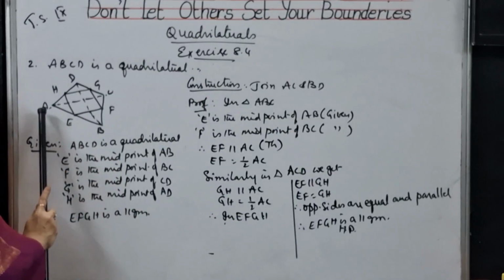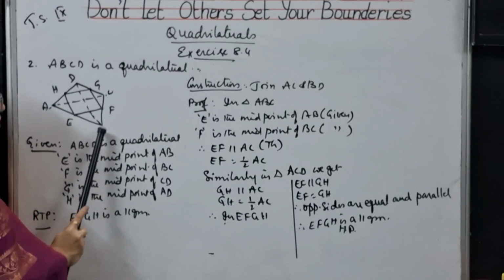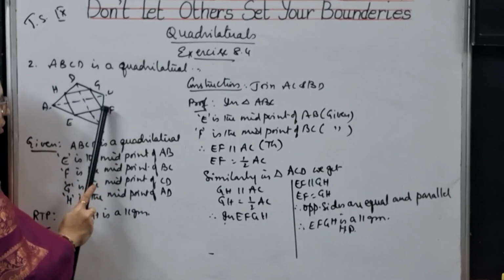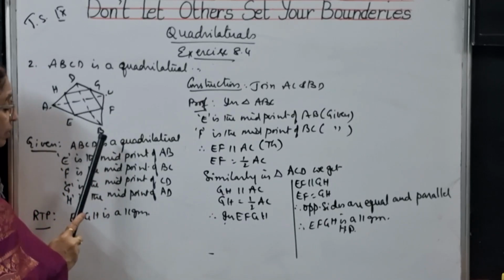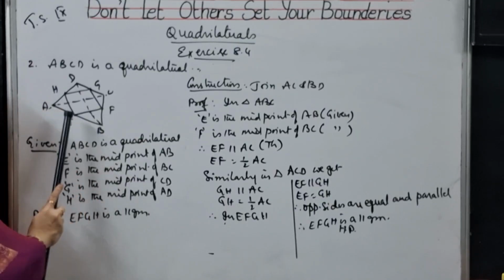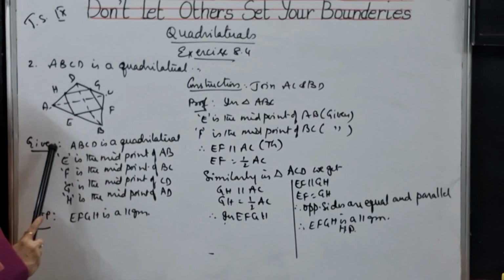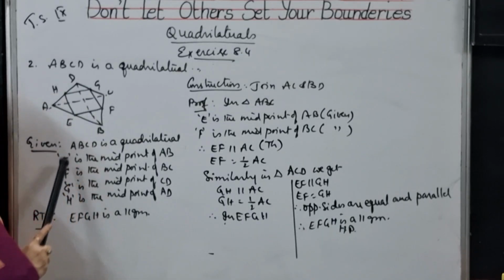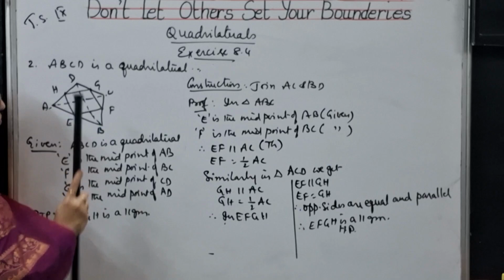After joining that, let us take triangle ABC. In this triangle ABC, E is the midpoint of AB, F is the midpoint of BC. We have got a theorem in which if a line is drawn through midpoints of two sides of a triangle, it is parallel to the third side and also it is half of the third side.